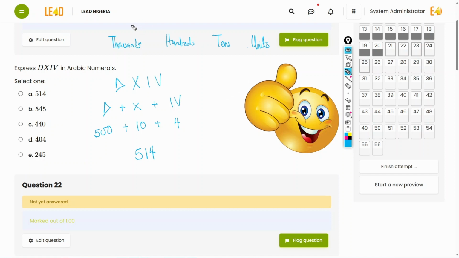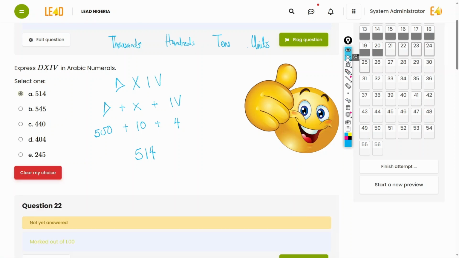For instance, okay, let me answer this first. The correct option for this one is A, 514. I could not have done DX and kept that as hundreds and then IV over here.